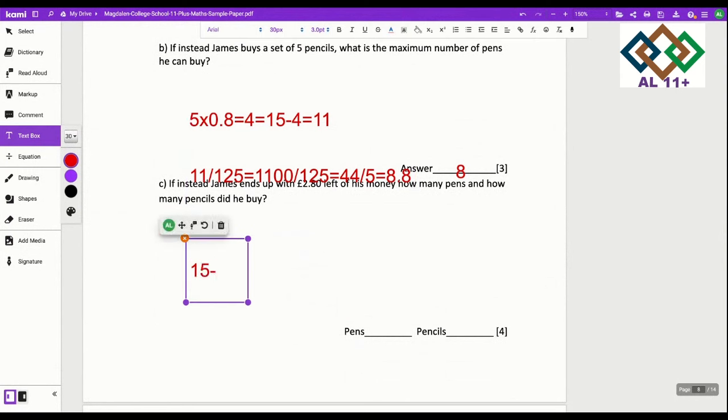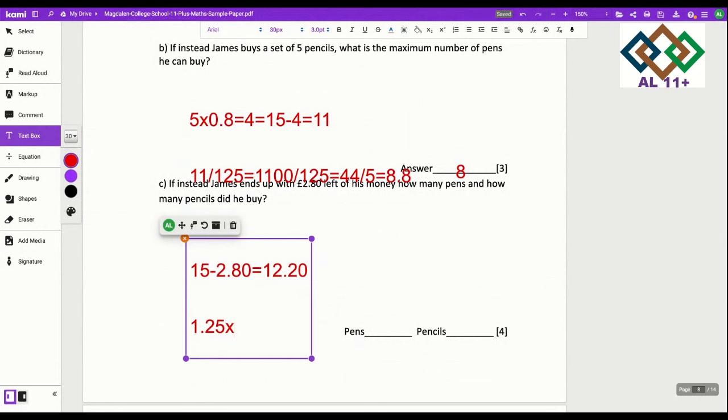So 15 minus 2.80, that gives you 12.20, and then you do 1.25 multiplied by A, 0.80 multiplied by P equals 12.20.